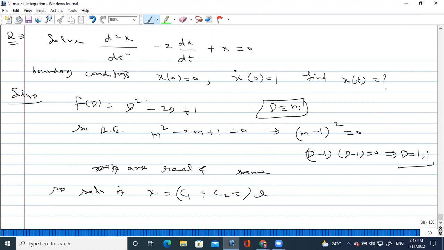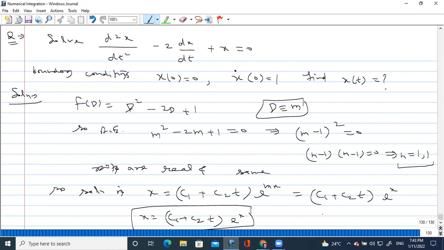Whenever it is the differential equation, it is in D form. So the answer is x equal to (c1 plus c2 t) e to the power mt.